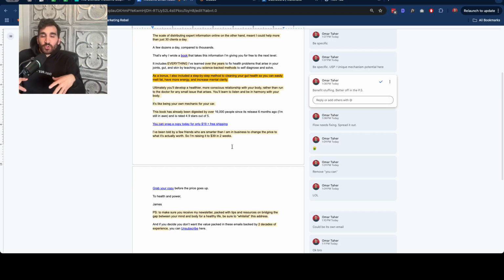Too much of anything is bad, and if you hit someone with too many benefits, and the bonuses almost overshadow the main benefits of the product, of this book, the things that they get out of it, then they're going to get a little skeptical and be like, all right, what am I really paying for here?